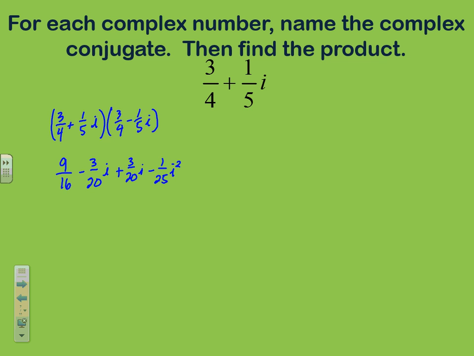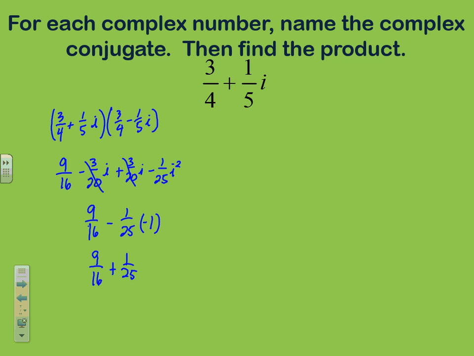Okay, now again, the two terms in the middle cancel out, so I'm left with 9 over 16 minus 1 over 25, and we're going to replace the I squared with negative 1, and that'll give me 9 over 16 plus 1 over 25.